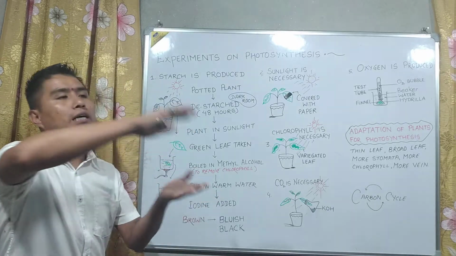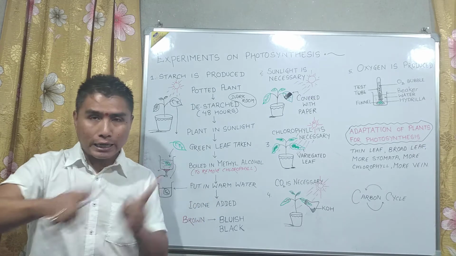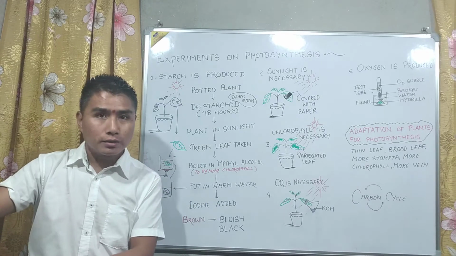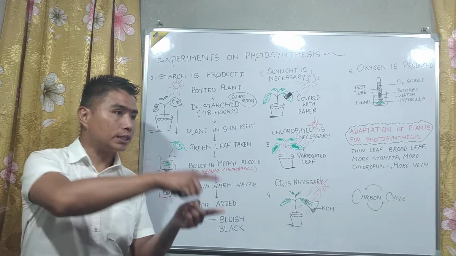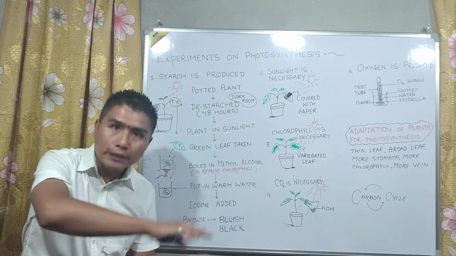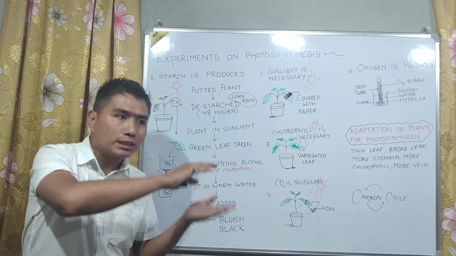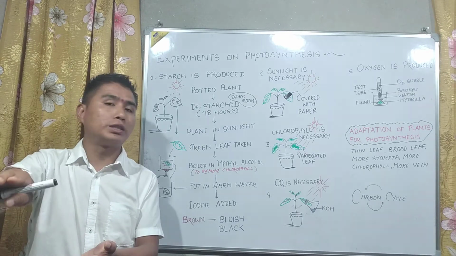After we conduct the experiment, if we find starch, then we can say that the starch present in the plant is from after the experiment. Before the experiment, the starch wasn't there, because the starch was already utilized by the plant within 48 hours.